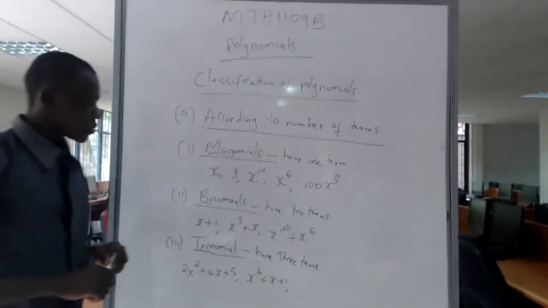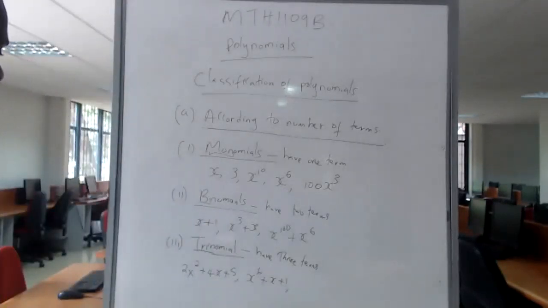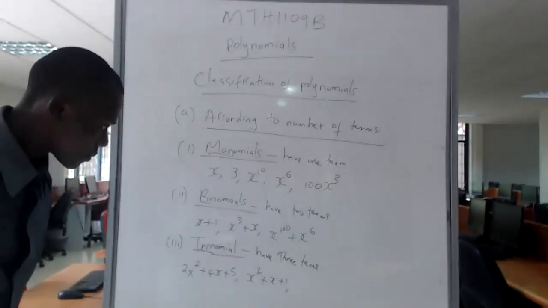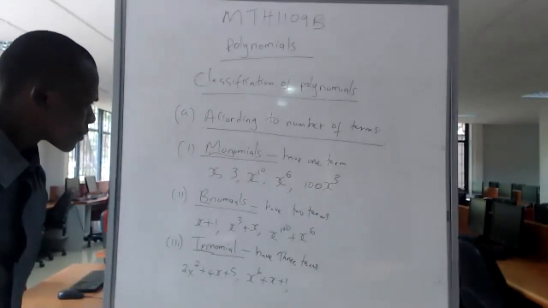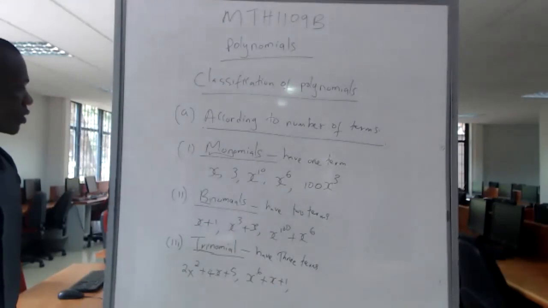Excuse me, sir. Yes. Can one term have more than one exponent? Sorry? Can the term have more than one exponent? One, not really. No, I don't think so. Maybe I don't understand what you're saying.